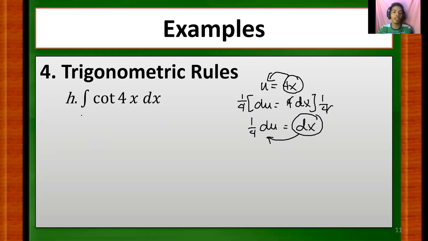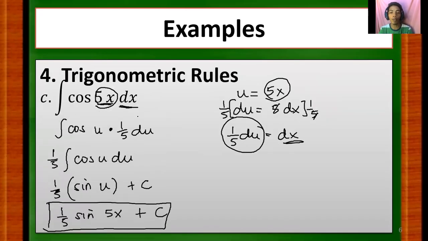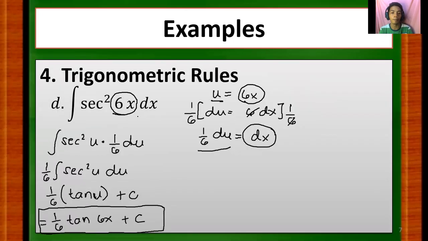So magkakaroon ako ng integral of cotangent u multiplied by 1/4 du. Si 1/4 ilalabas, so I will have 1/4 integral of cotangent u du. So balikan natin ang formula ng cotangent u du. Ang formula ng cotangent u du ay ln of sine u plus c.